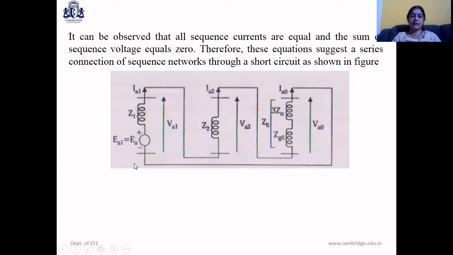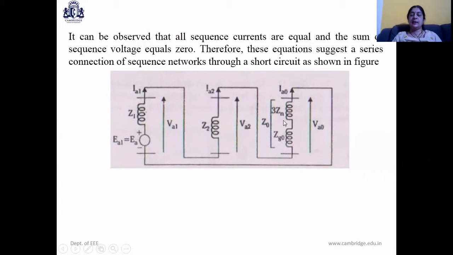So, the positive sequence network, where we have the positive sequence impedance in series with the induced EMF. Current flowing is IA1. Second, the negative sequence network having the negative sequence impedance Z2. Current flowing is IA2.